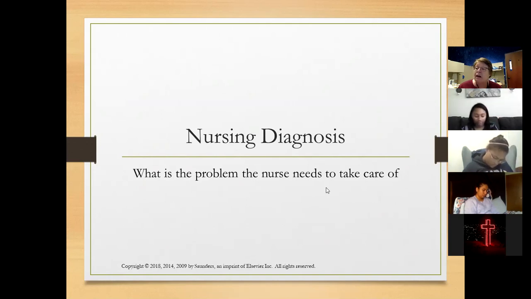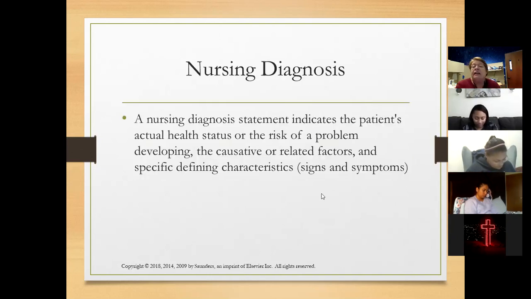So this is our nursing diagnosis. We're not using our medical diagnosis. A nursing diagnosis statement indicates the patient's actual health status or the risk, the causative or related factors, and the specific defining characteristics.